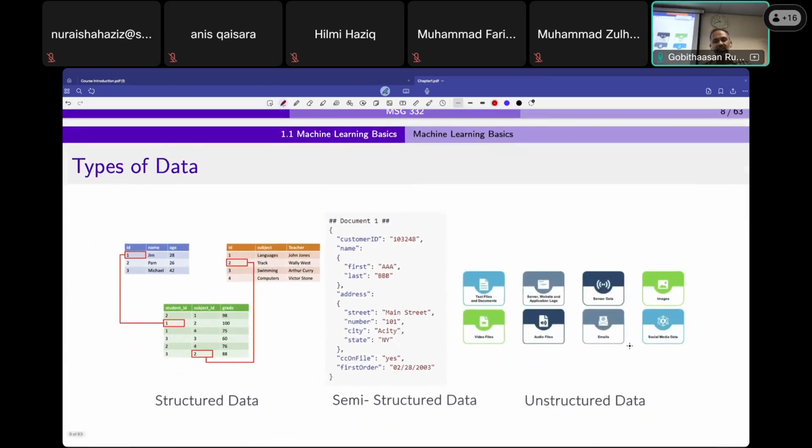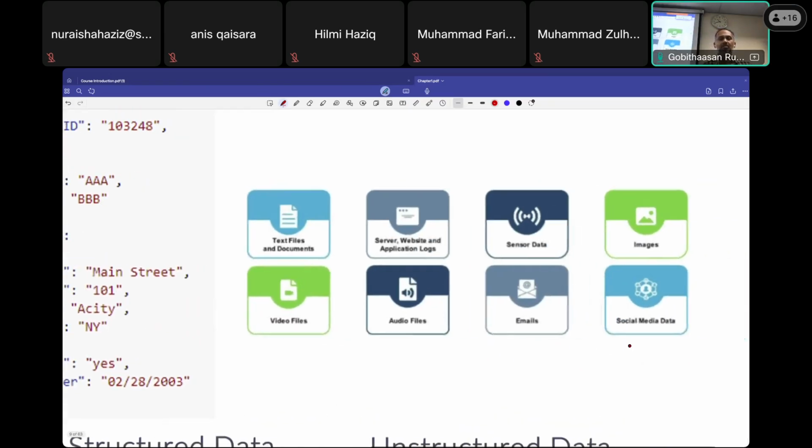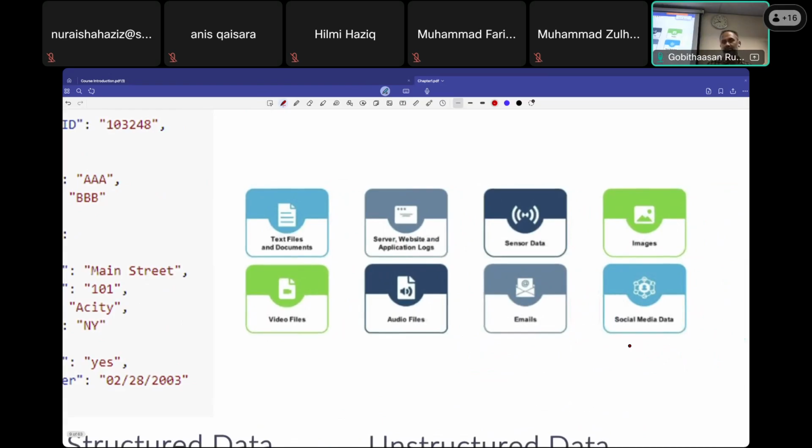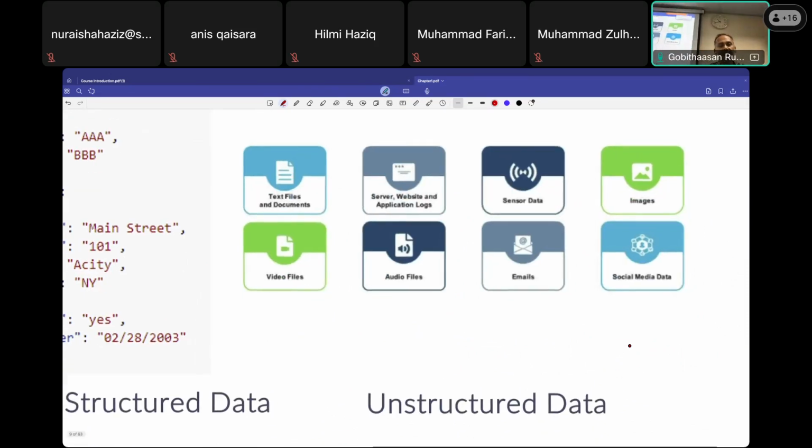Whereas unstructured data are all those, for example, tweets that you make, the Facebook sentences, or even some audio or video that you upload, right? You do tweets, right? You do Instagram. All those social media data is a combination of audios and videos and some icons, right? Emojis. These are unstructured data, right?